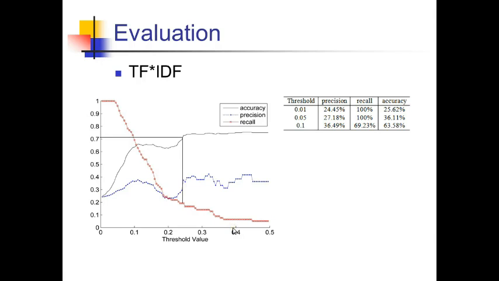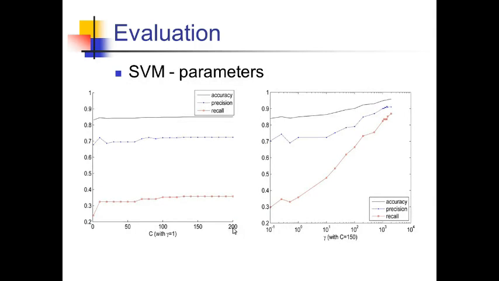And it is important to find a threshold value that balances these three indices of the performance of the algorithm. However, since the threshold should be predetermined to allow the TF times IDF to run in the first place, this can be considered as another drawback of this algorithm.